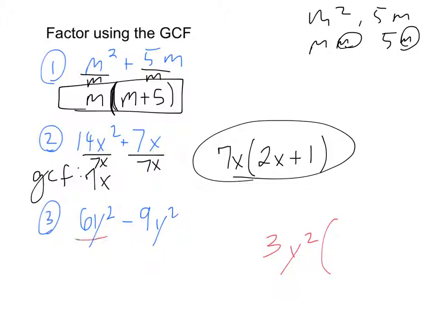Let's divide both of these now by 3y squared. This first term will go in the front. 6y squared divided by 3y squared is 3 because the y is reduced to 1. Minus 9y squared divided by 3y squared equals minus 3.